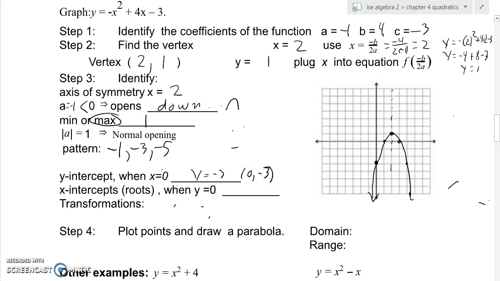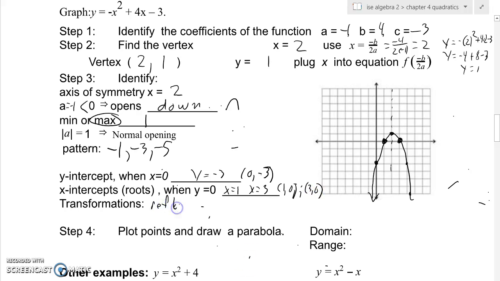Our x-intercept, when our y is 0, our x's are 1 and 3. Or the points 1, 0 and 3, 0. Transformations: we reflected down.